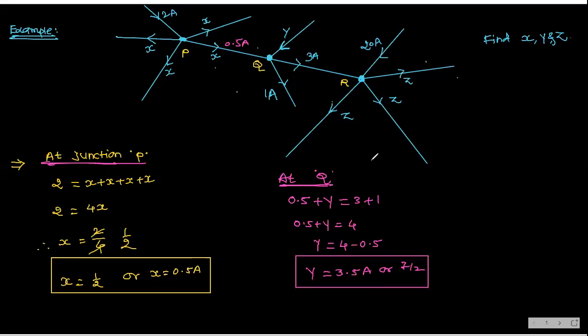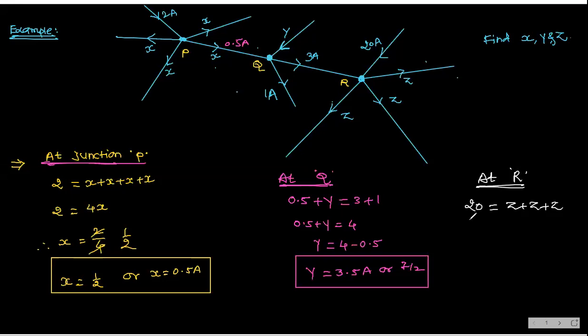Next one, at junction R, you can see incoming is what here? Only one current is incoming, that is 20, and 20 is equal to Z plus Z plus Z, all are leaving.